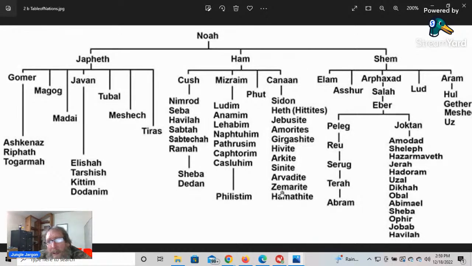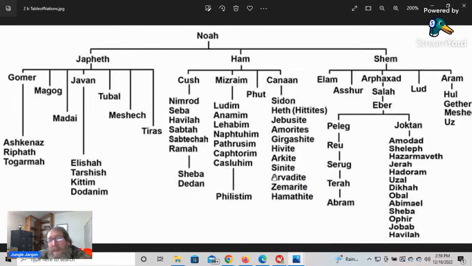And out of all the Canaanites, it seems that unless they can find some more E2s in places, which they probably do have more E2s in the land of Canaan. But the E2s in the land of Canaan would be descendants of Canaan.